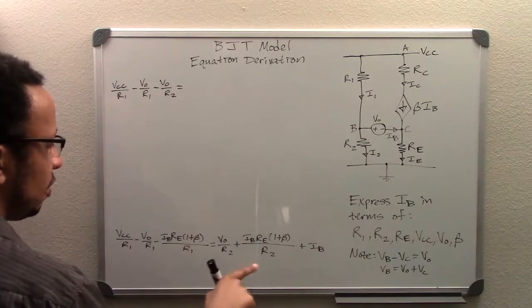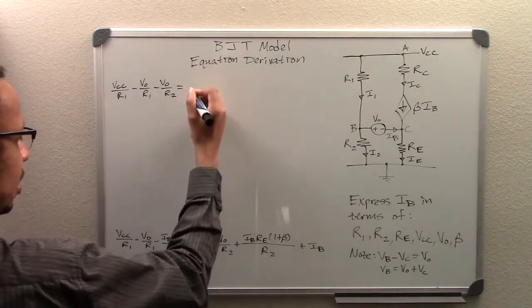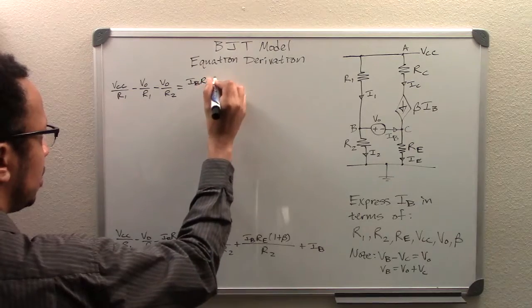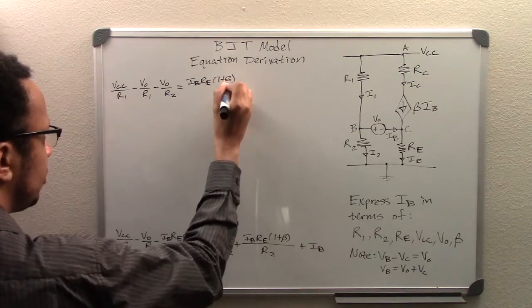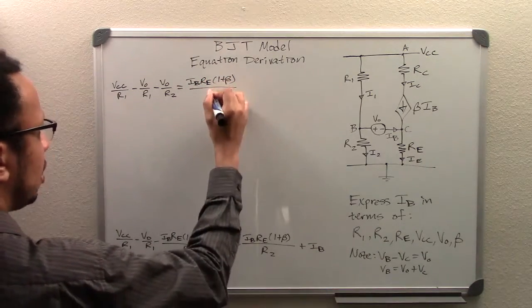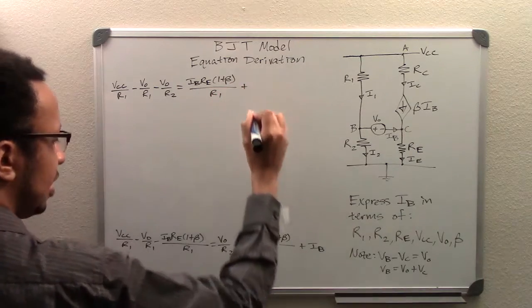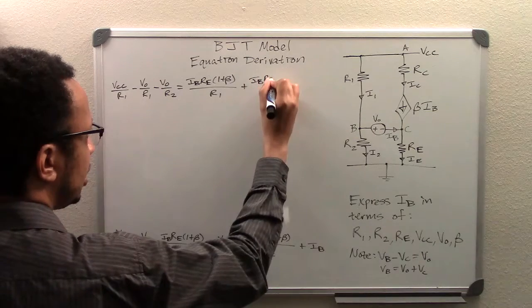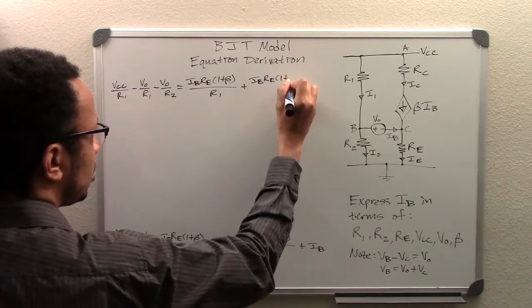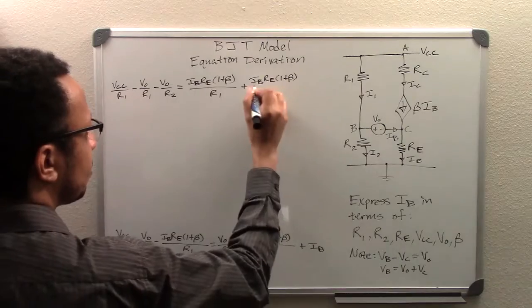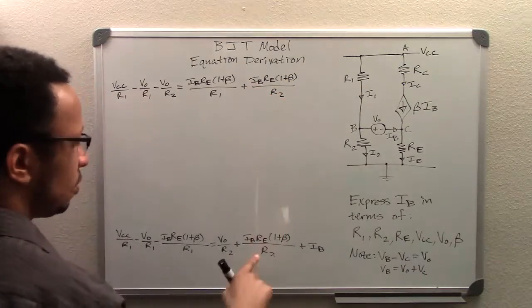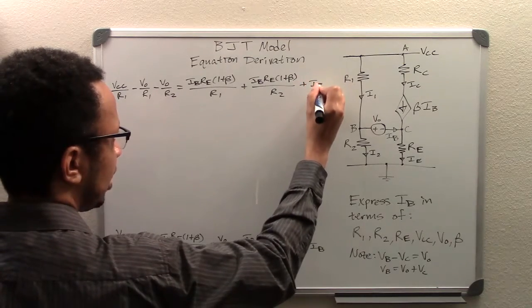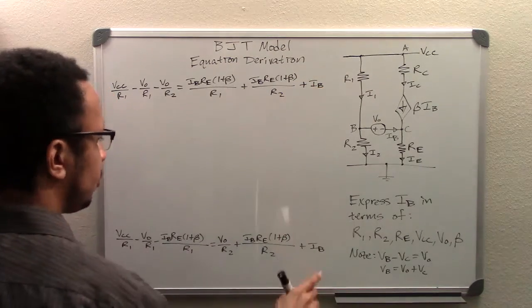I'm going to bring this over to the right side, and that is IB RE 1 plus beta over R1, added to IB RE 1 plus beta over R2, which is already over here, and we have plus IB here.